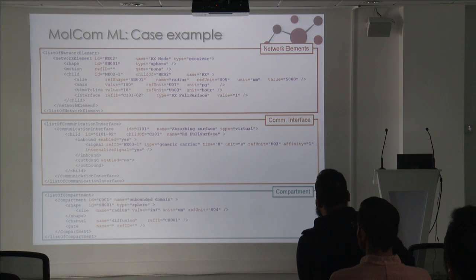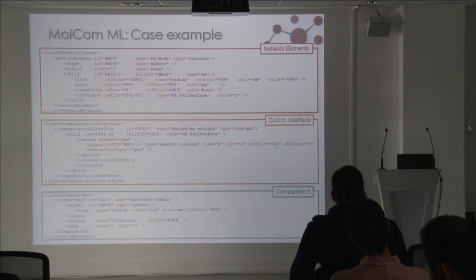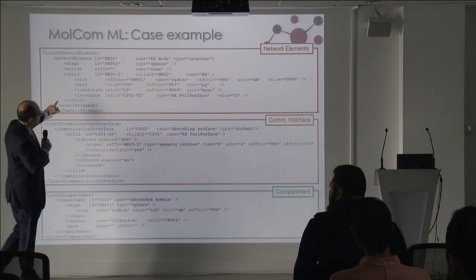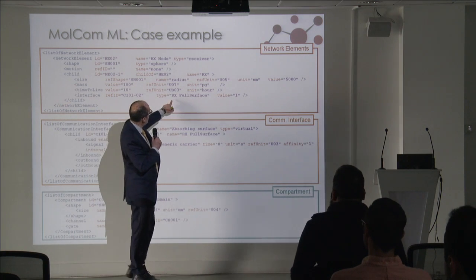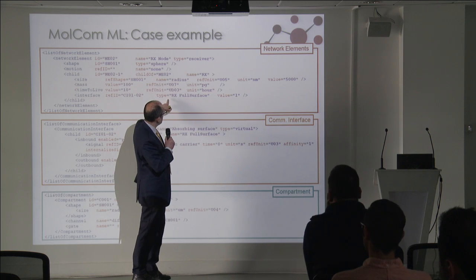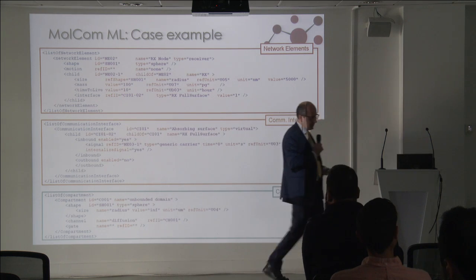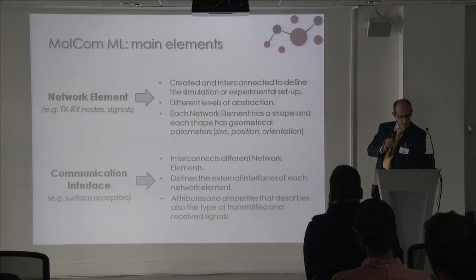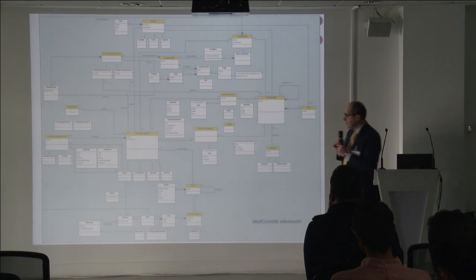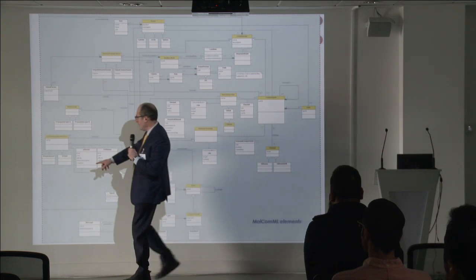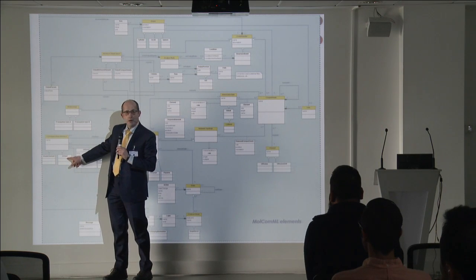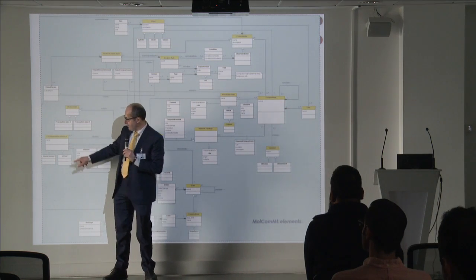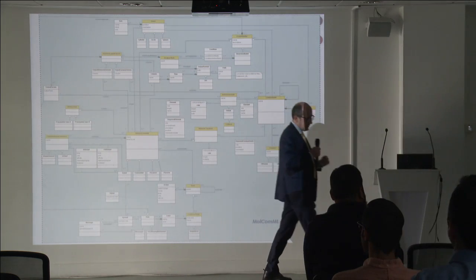And the type, how the surface behaves. So we have a full surface receiving. It means that we are using this option. So it is a virtual surface, absorbing surface.